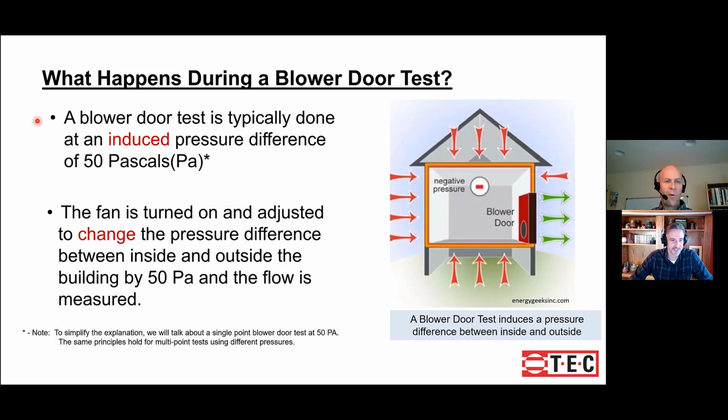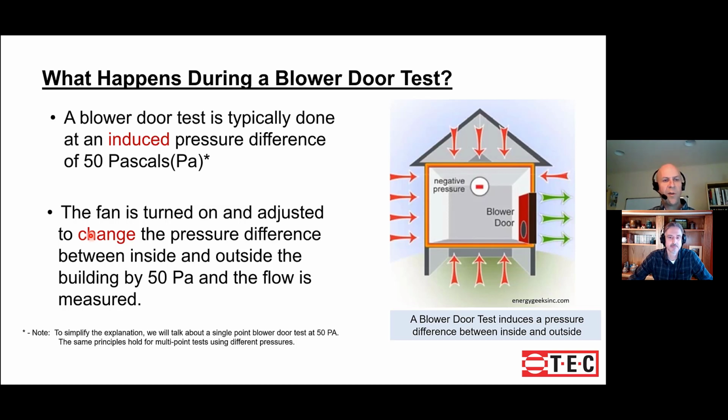And importantly, what we want to do is turn on a fan and adjust the flow rate until we get a change in the pressure in the building of 50 pascals. We call that inducing a 50 pascal pressure change. The reason we do that is that a building starts out with a pre-existing pressure due to the thermal effects, also called the stack effect, and the wind impacting the building.